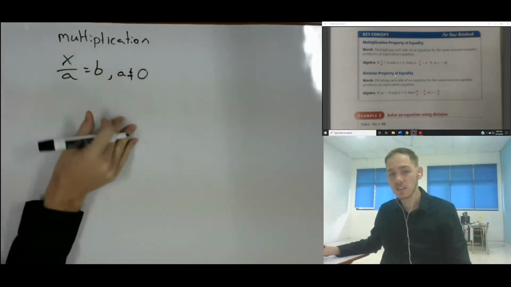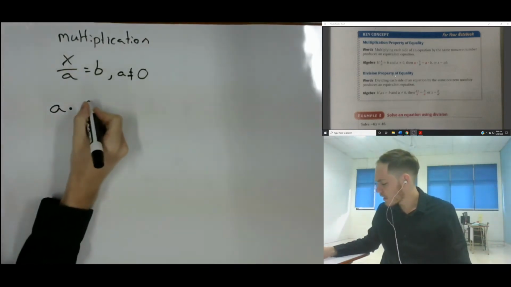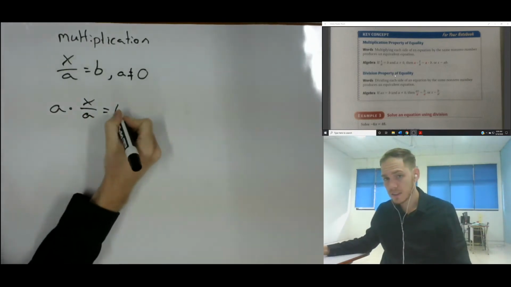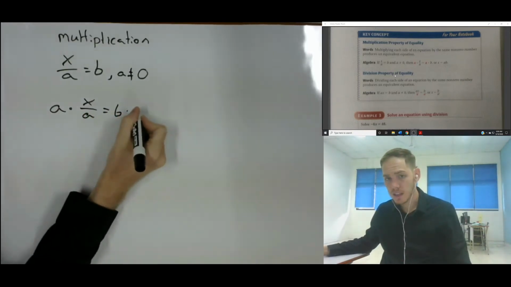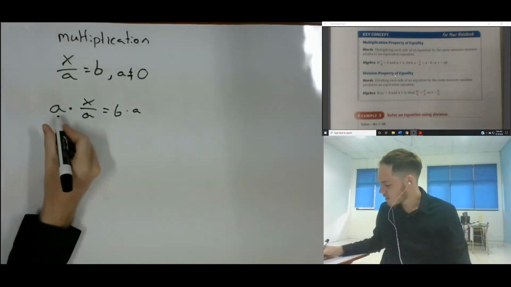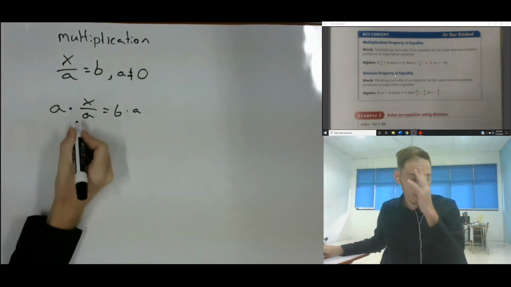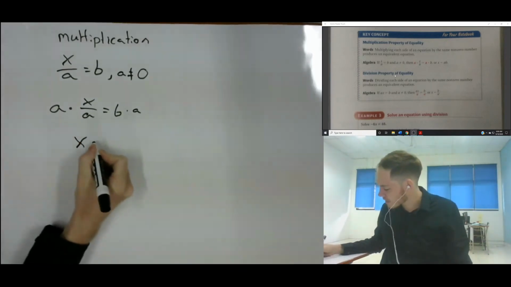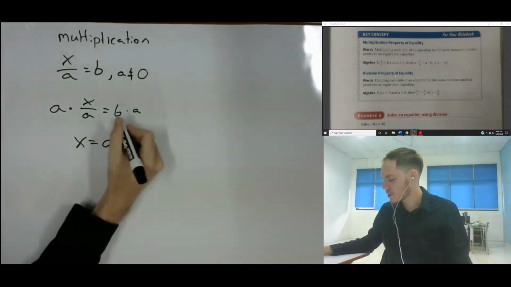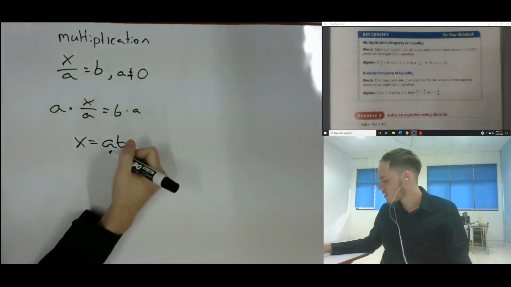Not can't, it's not useful. So you multiply a times x over a equals b times a. These two cancel because the numerator and denominator have the same value, so you're going to have x equals a times b, because you could switch the order, and that's commutative, switching the order.